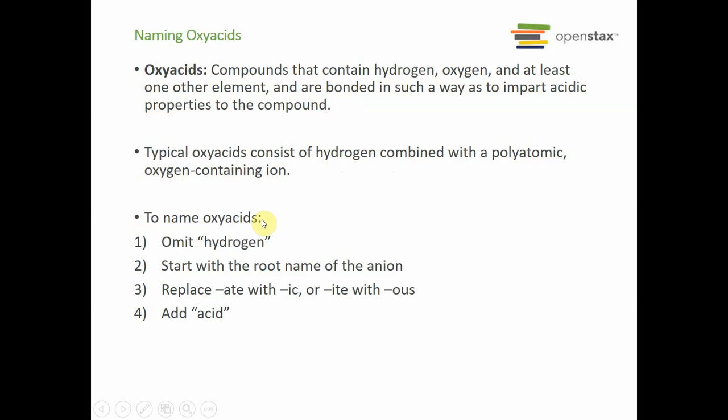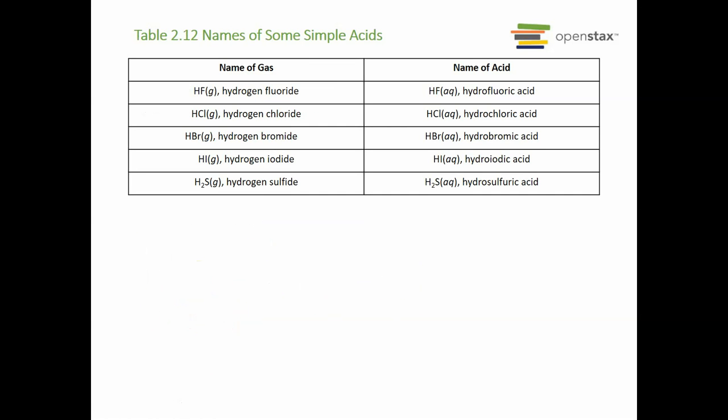To name oxyacids, omit hydrogen, start with the root name of the ion, and replace ate with ic or ite with ous, and add acid. Okay, so let's go back here. These are simple acids, diatomic acids that have a gas and they form an acid. These others are polyatomic ions, and those we don't use the word hydro.